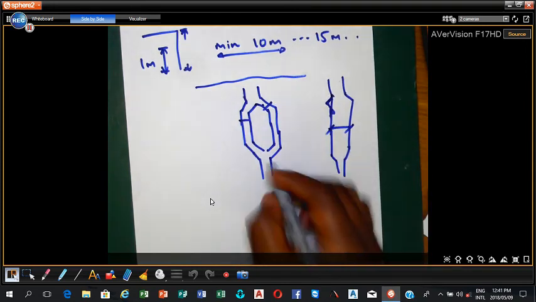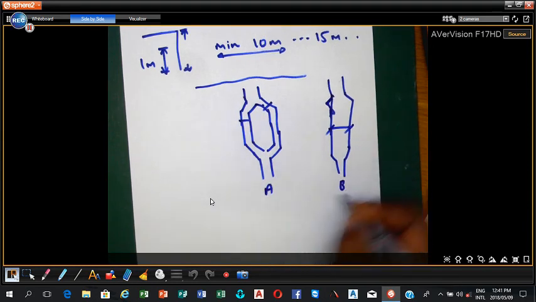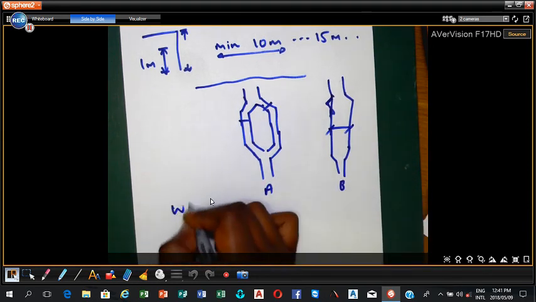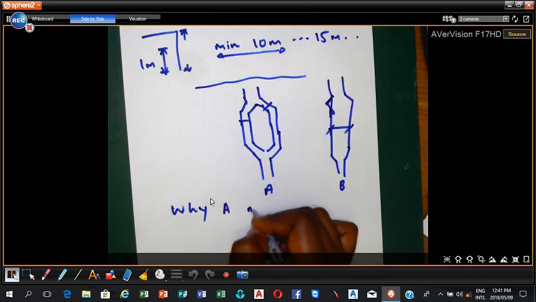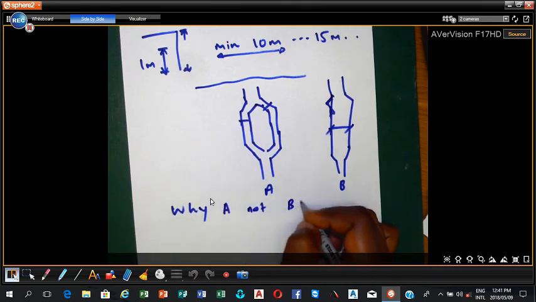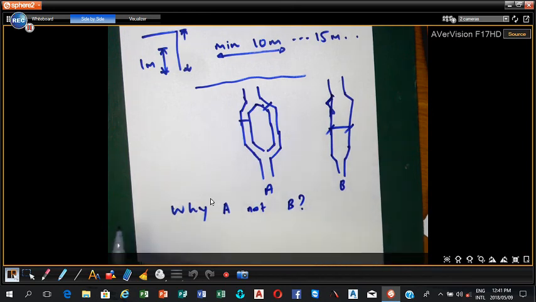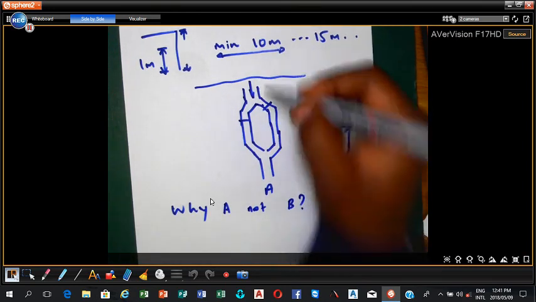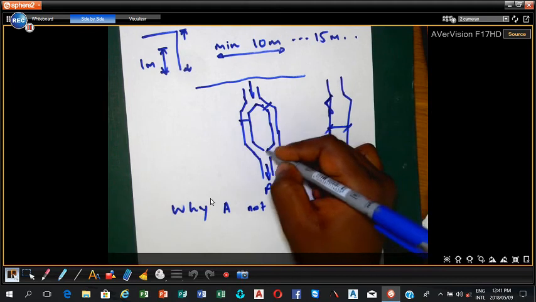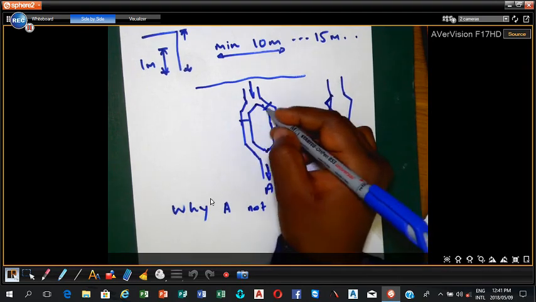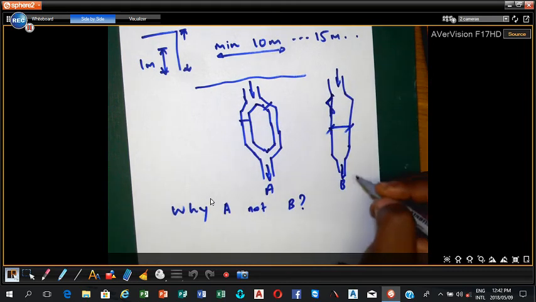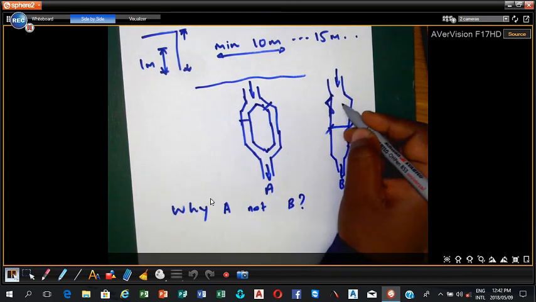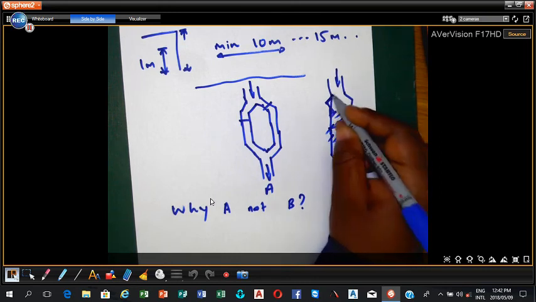So if this one is A and this one is B, why A and B? Here the flow is coming from that direction to that direction. If for instance in this one that's coming directly like that, there is a problem somewhere within this channel, that means there's a total shutdown.